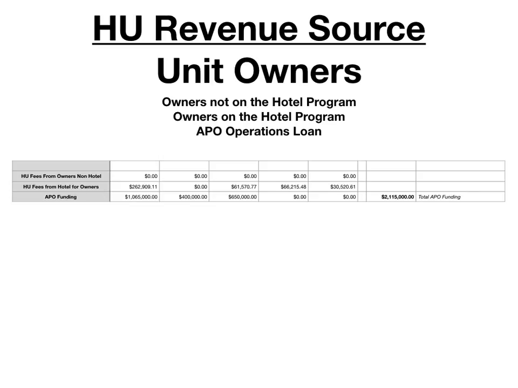Now, to address this critical problem, we were able to secure funding from the APO, and the APO provided, as we speak, as of this report, which is around October 15, 2017, that the APO funding totaled $2,115,000.